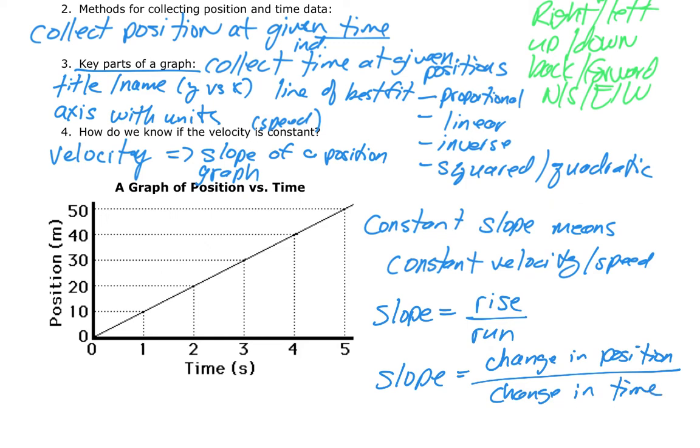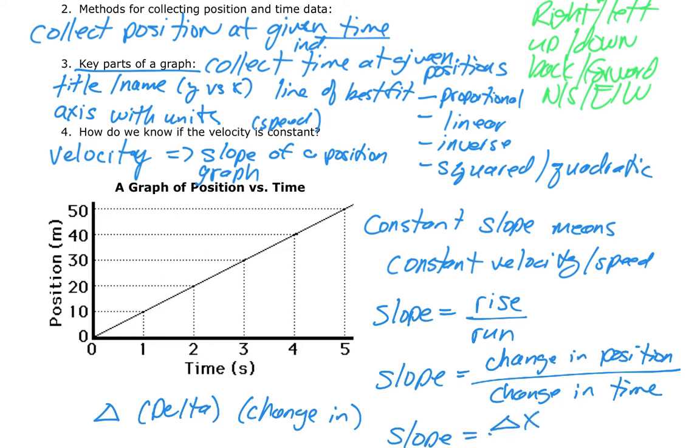Writing change in is sure a problem, so I'm going to use what we call a delta. Look at that, that's a little triangle. That stands for delta. And delta means change in. So I can write the slope as the change in position, and since x means position, I can just put delta x over delta t, the change in time, okay?